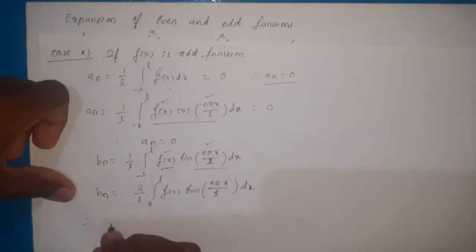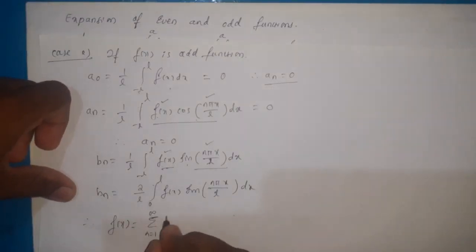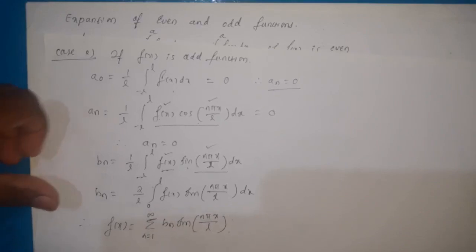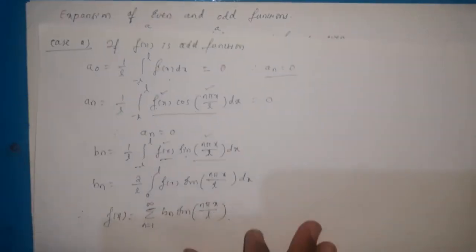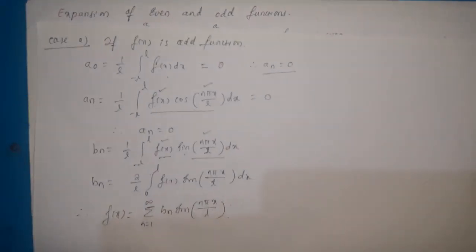Now the expansion of the function is given by summation over n equal to 1 to infinity Bn sin n pi x divided by L. Only this is the expansion of the Fourier series if the function is an odd function. So here it is clear that if the function is even, then Bn equals 0. If the function is odd, a0 and an equal 0.